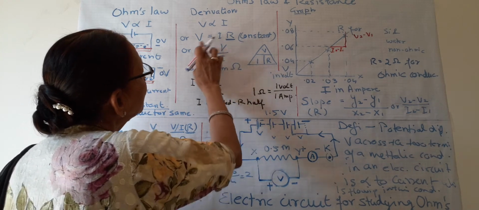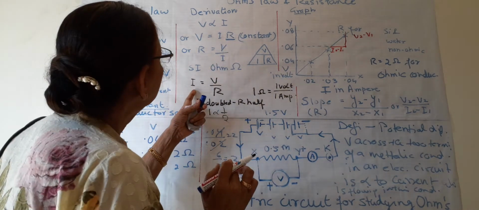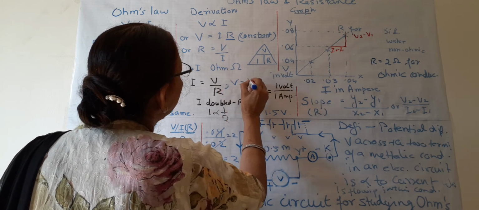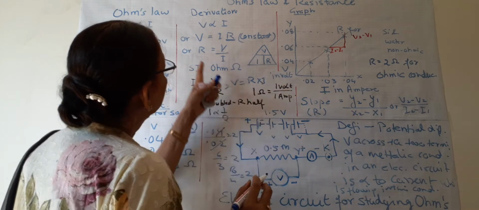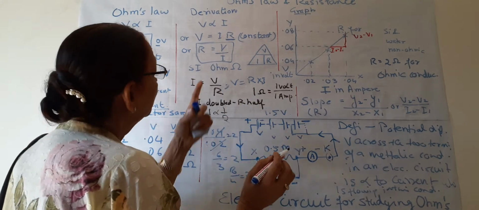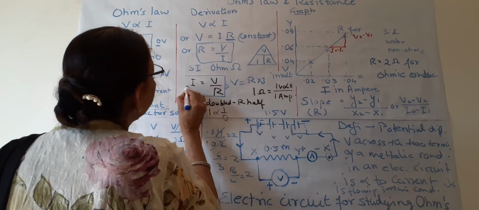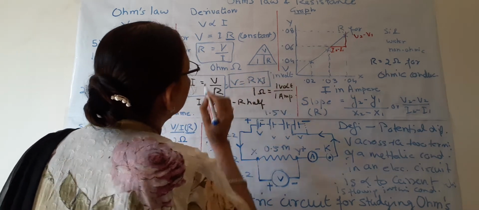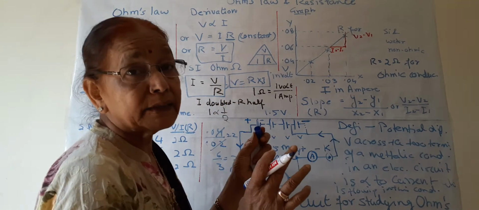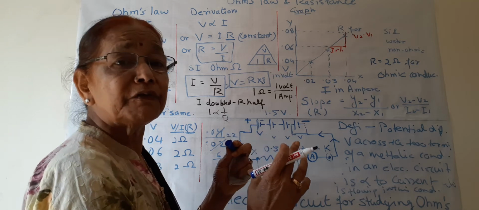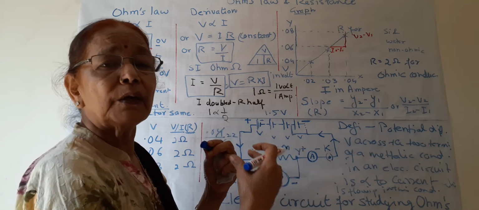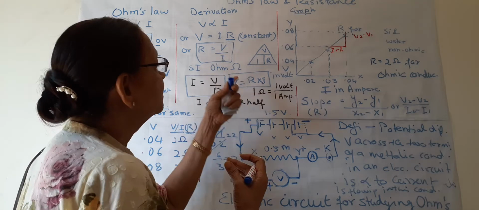All three equations can be drawn from this: I is equal to V by R, R is equal to V by I, and V is equal to I into R. These three formulas are the most important formulas in electricity, and all the numericals which we will do after this, power numericals and then resistivity and all that, are done with the help of these three formulas.